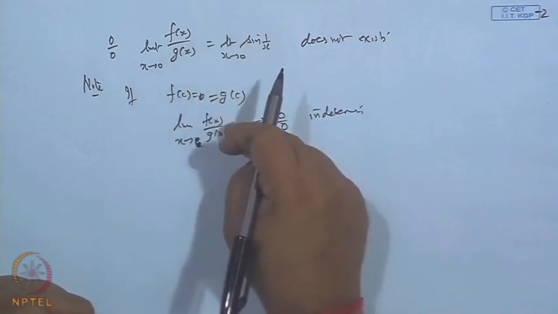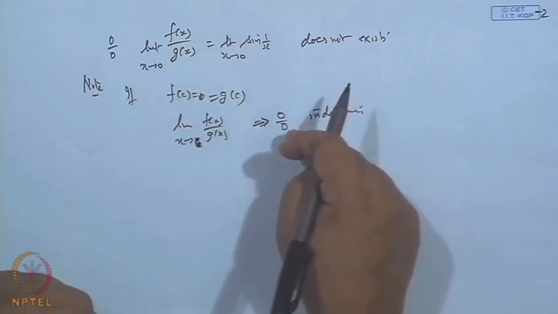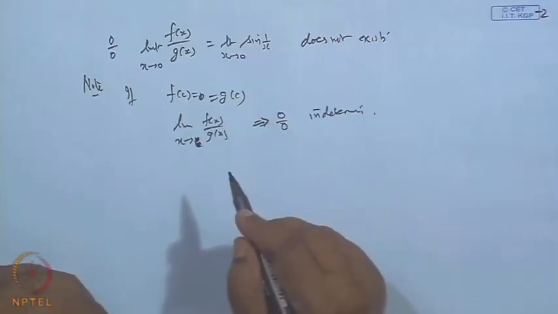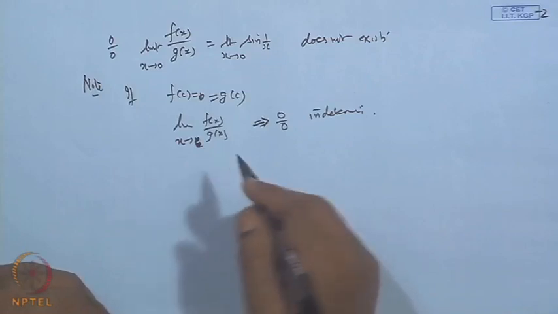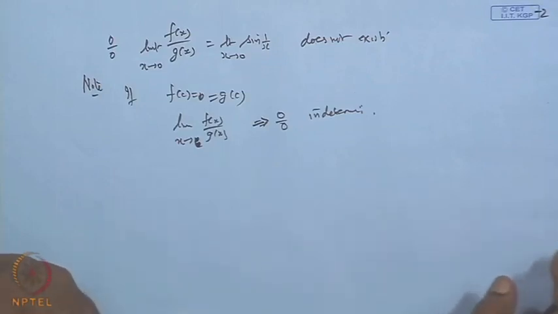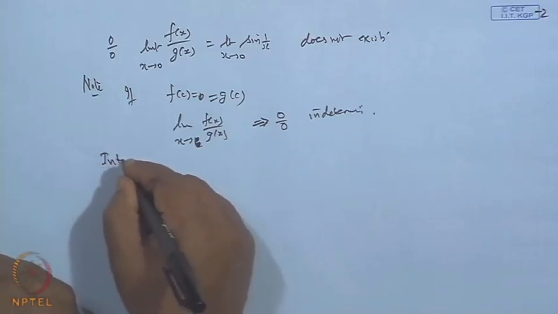We cannot use the limit rule that the limit of a rational function is the limit of the numerator over the limit of the denominator. So in such cases we require some concepts to evaluate the limit of this ratio when it is 0 over 0 form, and that is given by L'Hospital's rule. So, before going to that part, there are the indeterminate forms.